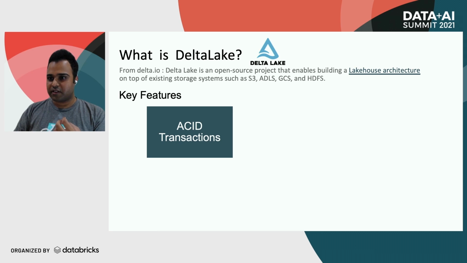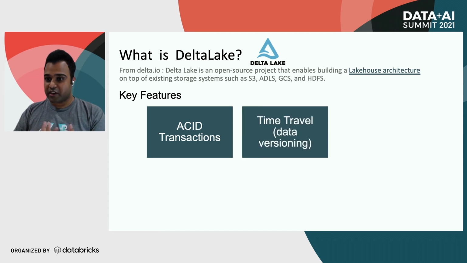Key features, we're not going to go over everything, because this is not a specific Delta Lake talk. The key thing that I want to focus on is the ACID transactions. So we get consistent, as in eventually consistent, writes on top of the system between various writing systems, even across various clusters.